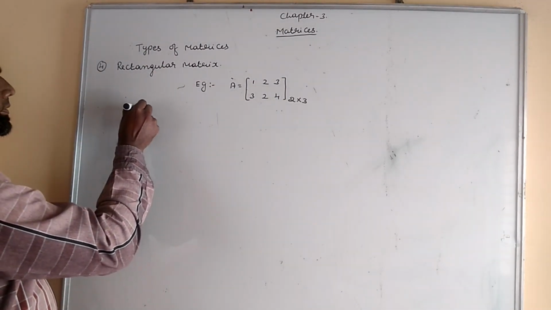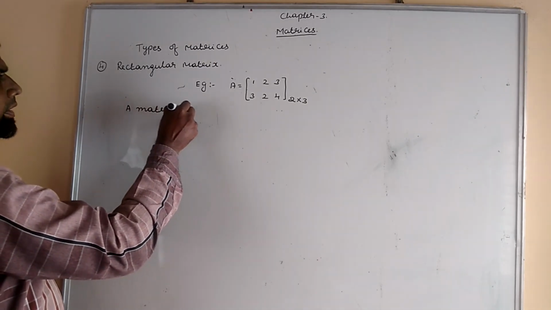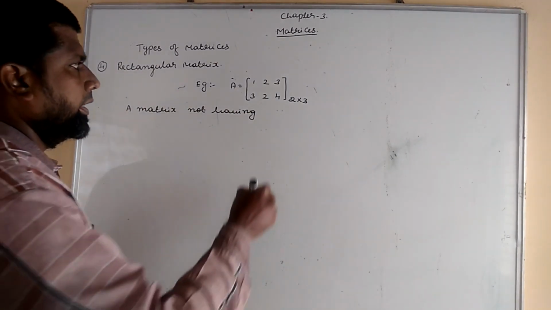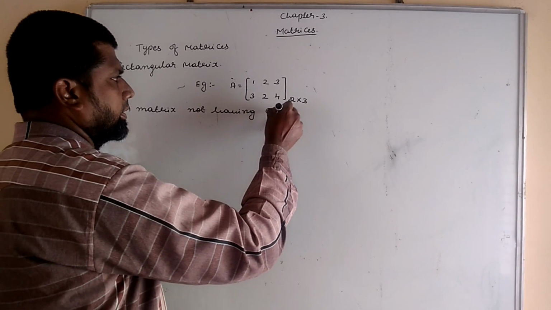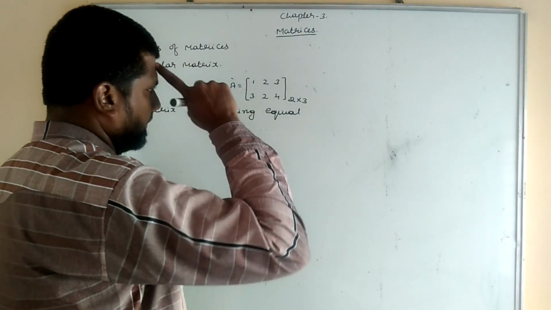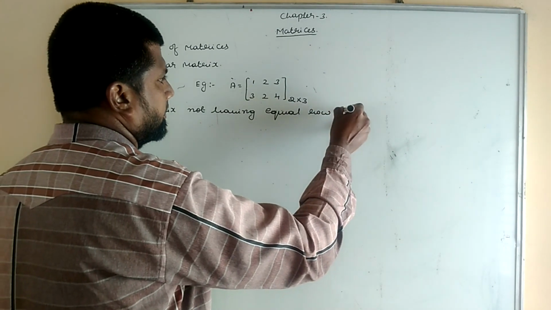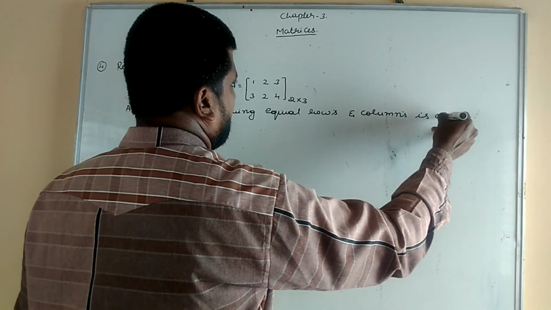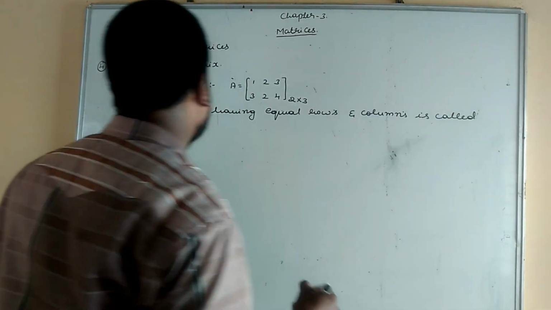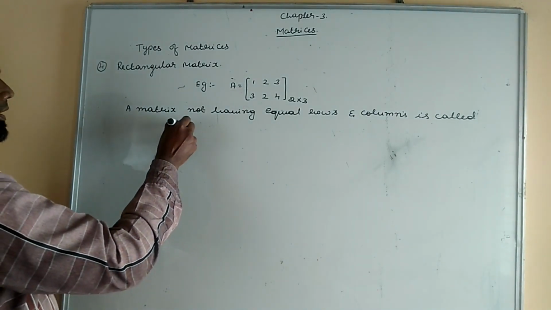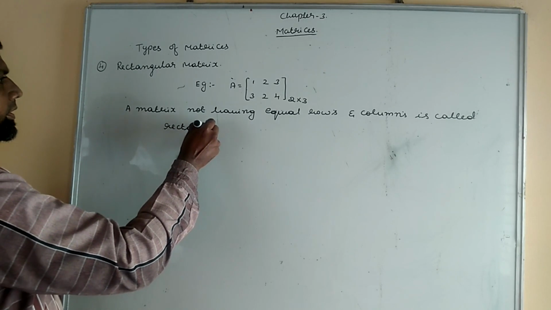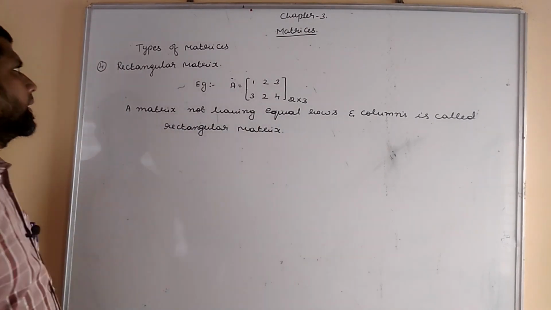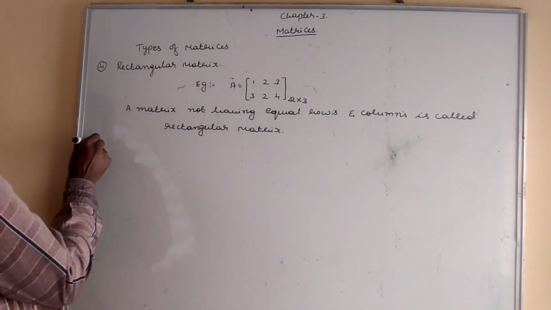A matrix not having equal rows and columns is called a rectangular matrix. The next type is diagonal matrix.